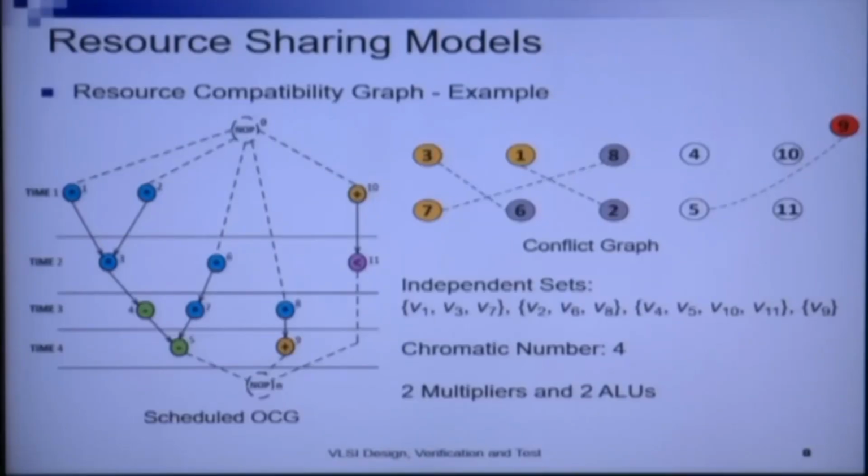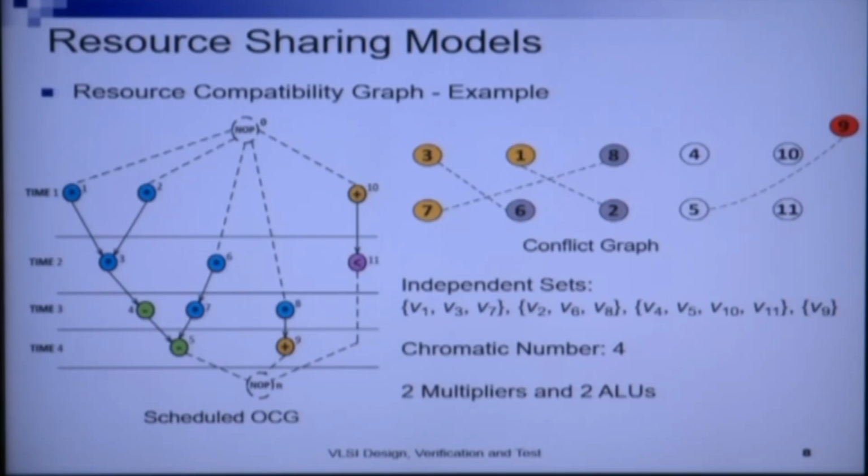Example of a conflict graph. In this we see that 3 and 6 share an edge. Why? Because 3 and 6 are operations of the same type and being scheduled in the same time step.